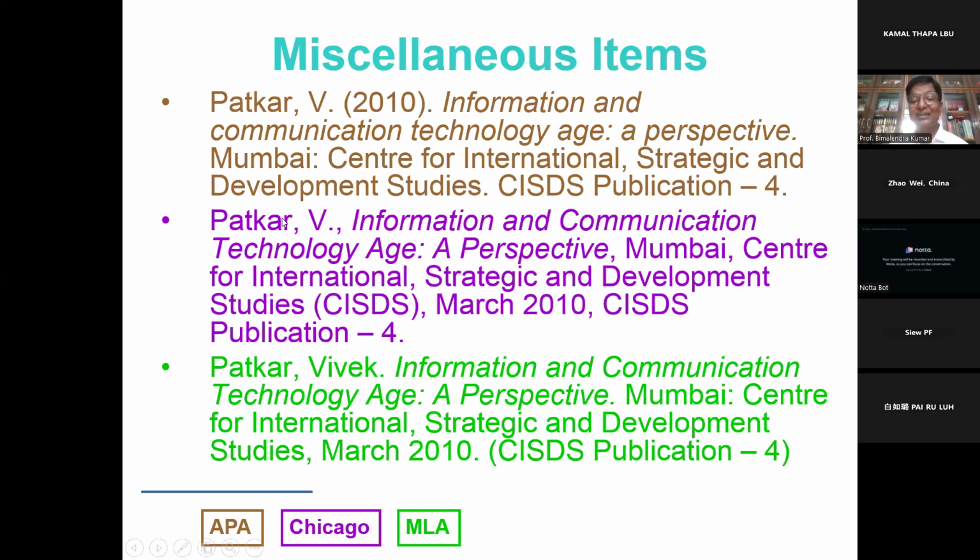Then miscellaneous, related to some CDs or the internet, where you are getting some things. It can be put like that in the same APA manner. So you can see that there are three references corresponding to the respective APA, Chicago, and MLA systems.